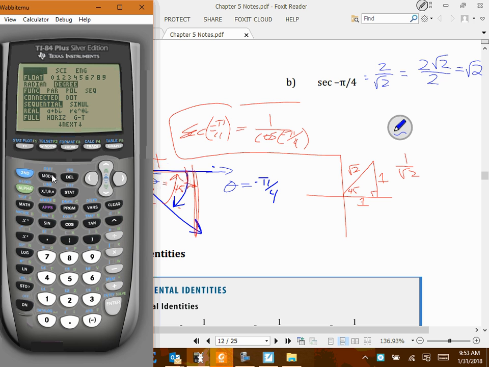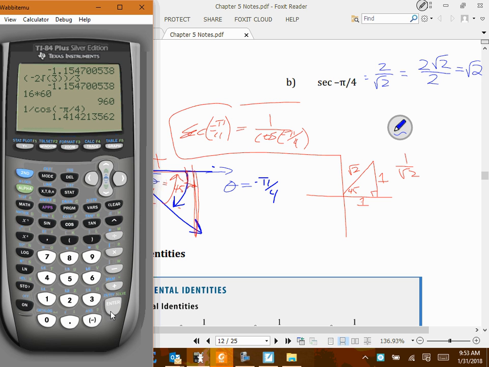So one divided by cosine of negative pi over 4 gives me that number right there. And hopefully, maybe we've seen it enough in our lifetime that we know that's square root 2. Type in square root 2 on your calculator, you get back that number. Okay. Is that all right?